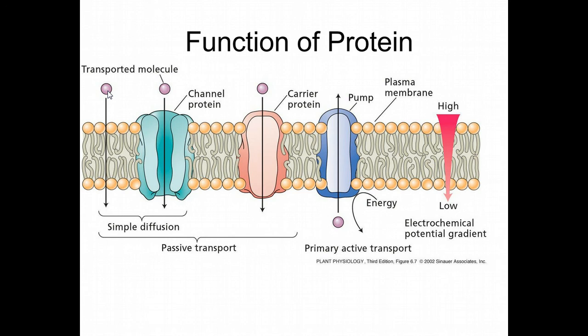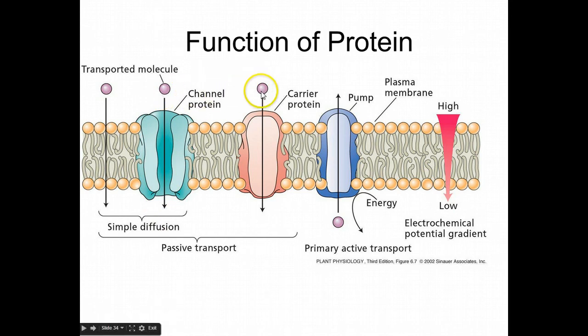Most everything gets into the cell through proteins. And you can have a channel protein. What's a channel protein? I'll have some, probably in the next lecture, it can just pull the molecule through the center of it. It's basically an opening. Okay?